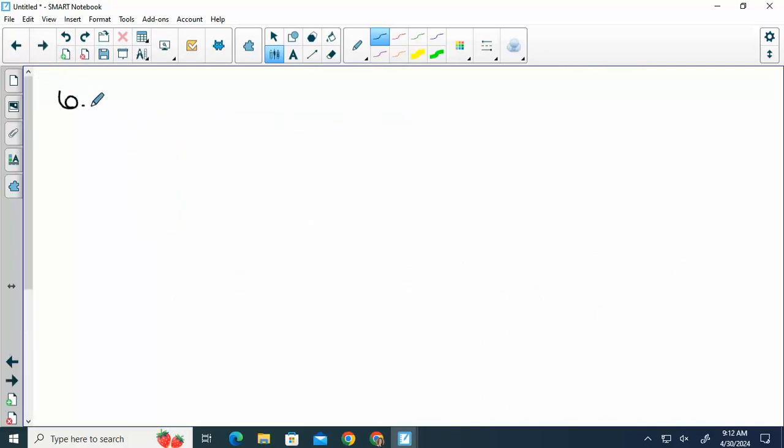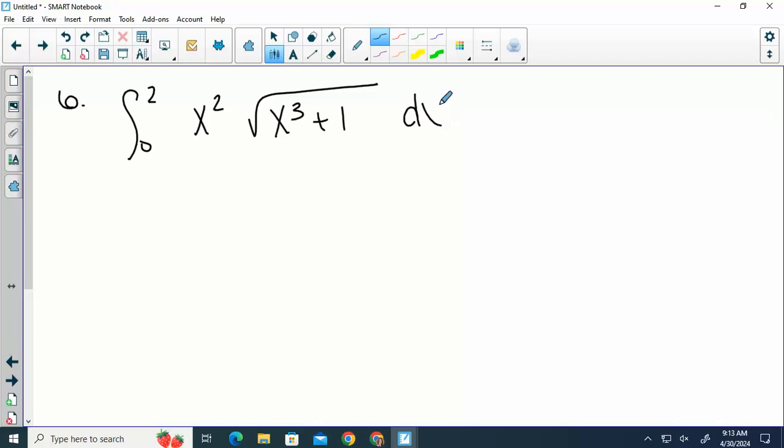Number 6. Can I just do this antiderivative right now? No, because it has multiple x's multiplied together and I can't do that. So u is the inside. So my u would be x cubed plus 1.